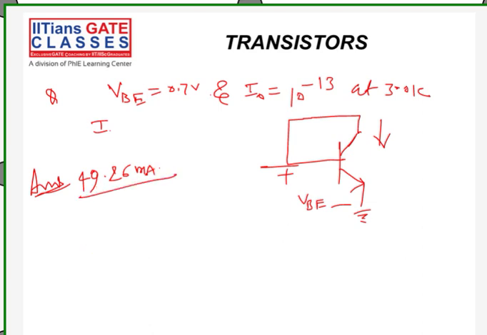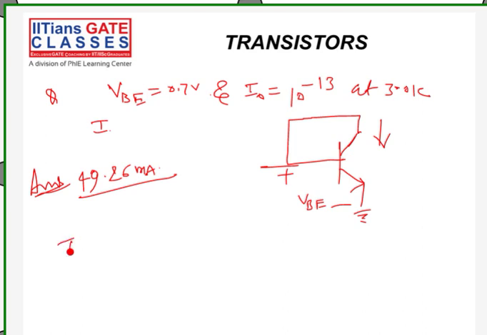It means 0.049 amps. So I think it is clear. I have no need to write. The expression I have already given you. The I naught, that is IE naught, they have given. So you know all the values. You can just substitute and get the answer. It is so simple.